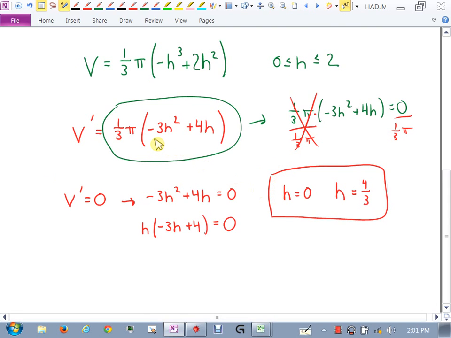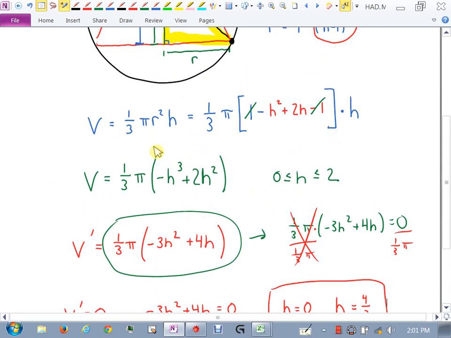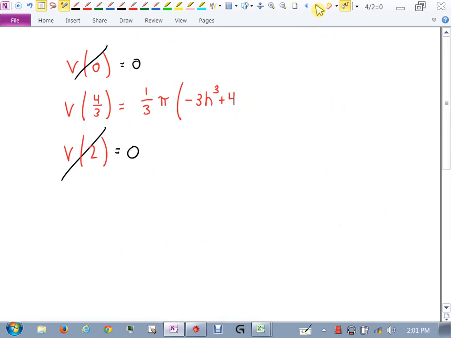Okay, negative. No, I'm looking for the original function though. Here we go. Negative h cubed plus 2h squared. Negative h cubed plus 2h squared. That's what I'm plugging into, right? So I'm plugging in 4/3 into that.